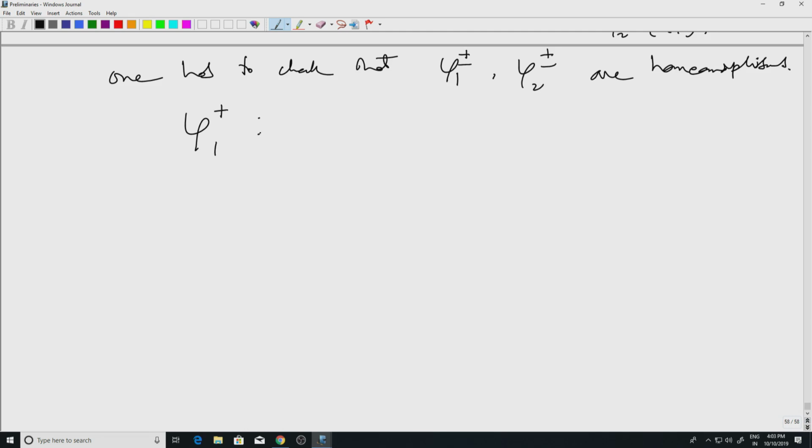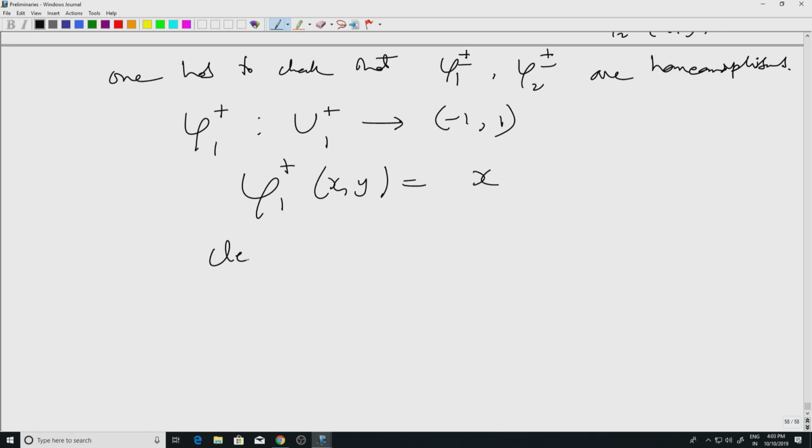Phi1 plus is a map from U1 plus to -1, 1, given by phi1 plus of x, y is x. It's quite clear that phi1 plus is bijective. In fact, one can explicitly write down the inverse map.